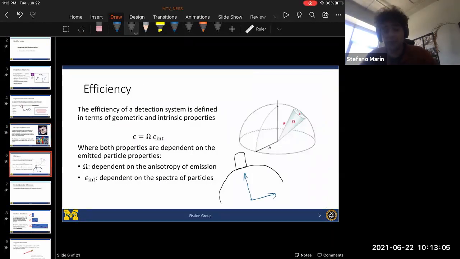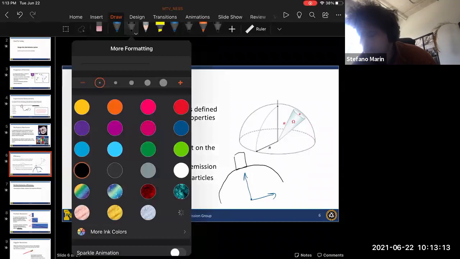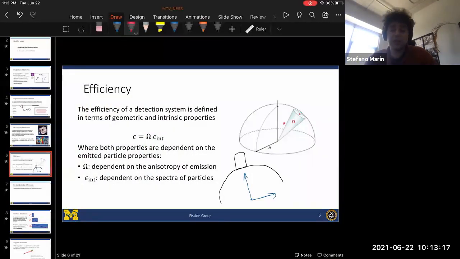The other thing that we have to try to maximize is, of course, the intrinsic efficiency. So this means that even though this particle here was moving in the direction of a detector, it's not guaranteed that it's actually going to interact. I mean, we know that neutrons and gamma rays don't always leave energy.